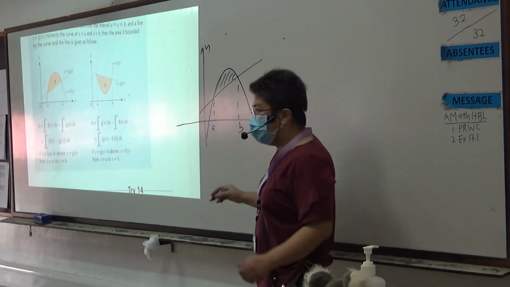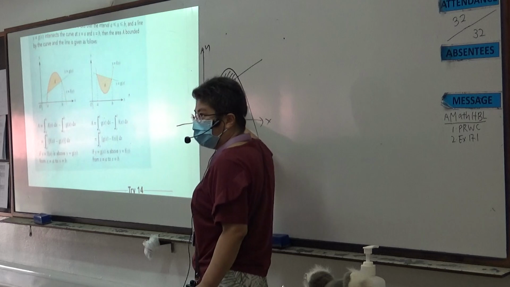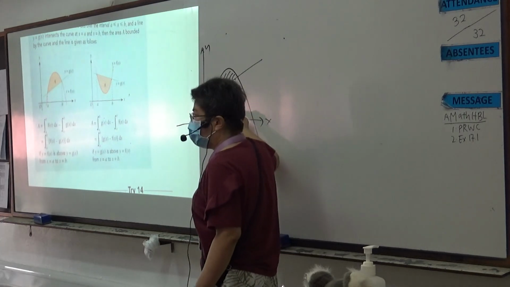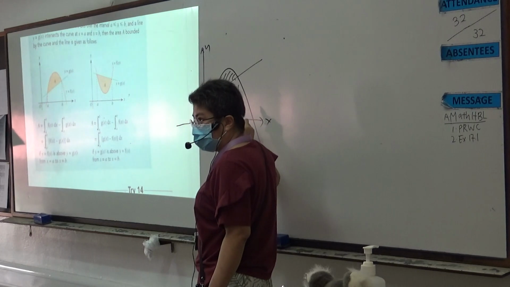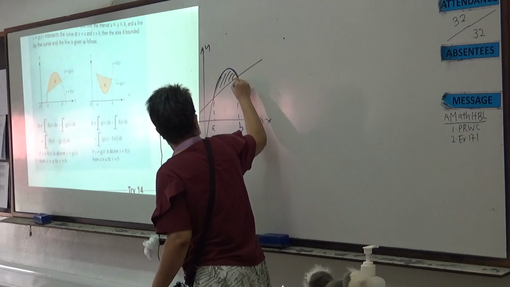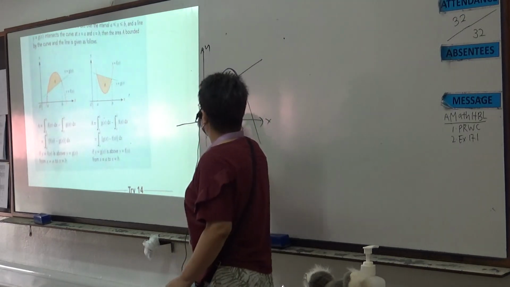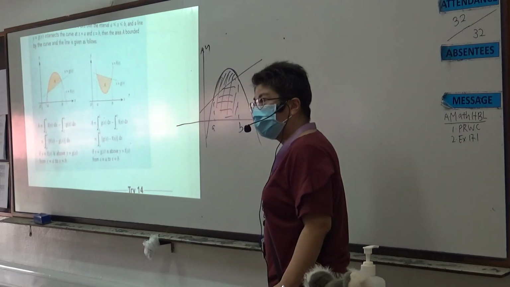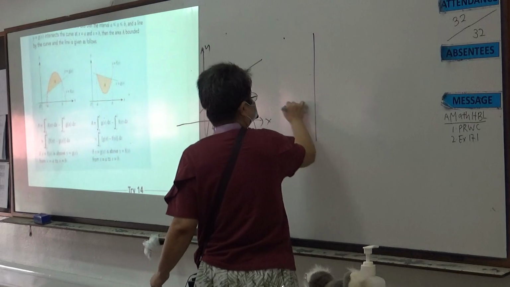Do you agree that this is the whole thing under the curve minus this trapezium? We're not going to copy first, listen. I must take the area under the curve, that means this whole thing, minus this trapezium, then I'll get this one. Get it, class?